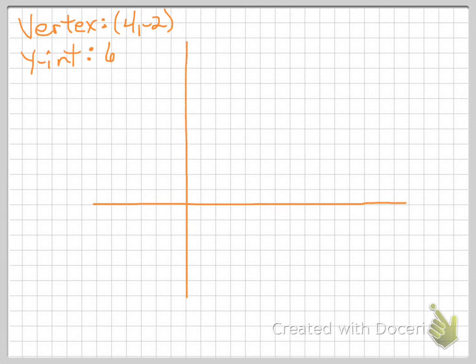Let's try this again. So 1, 2, 3, 4, 1, 2. So right there is my vertex. That means that is my line of symmetry.